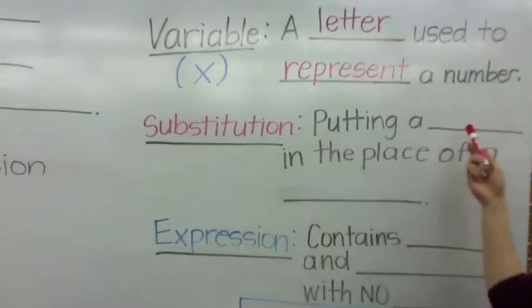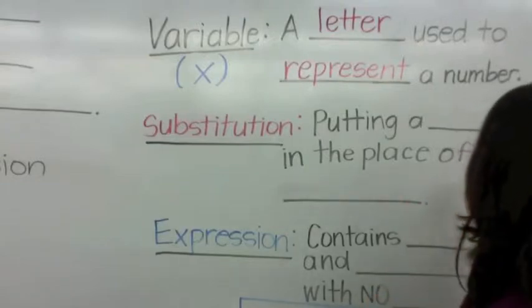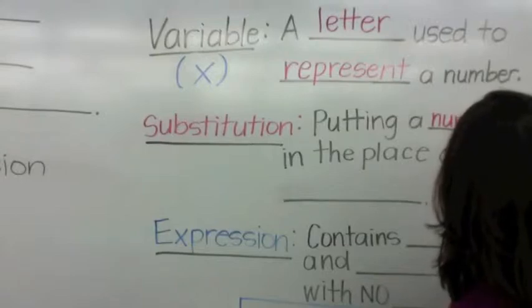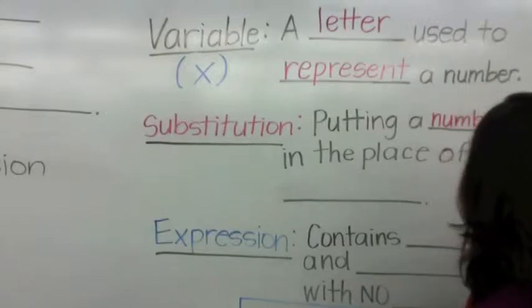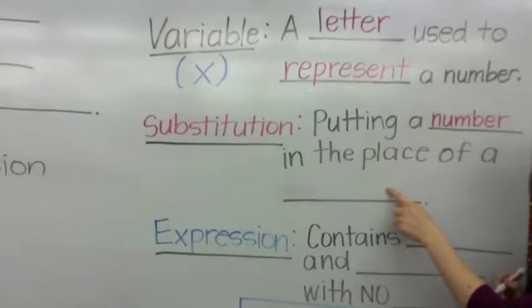Putting a blank in the place of a blank. So it's putting a number in the place of a, and instead of letter, what could we say? What is a letter?